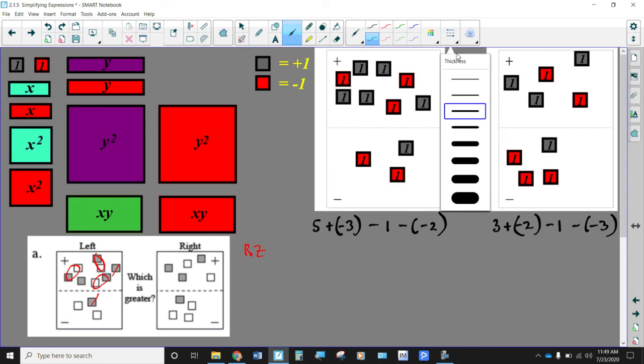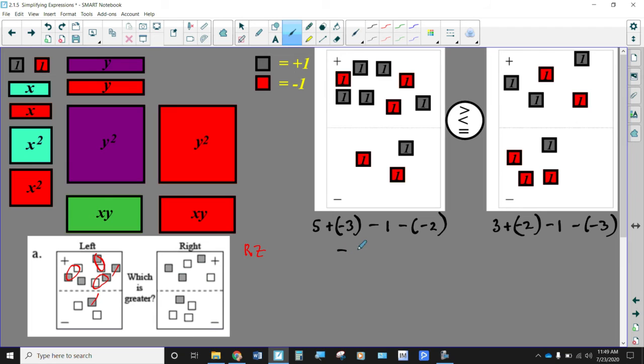So I'll go ahead and rewrite this as minus a negative 2, right? This is the one thing about using the expression mats. It doesn't really make sense to me looking at this expression how we get from here to here. But using the expression mat, that's precisely what we did simply by removing zeros.